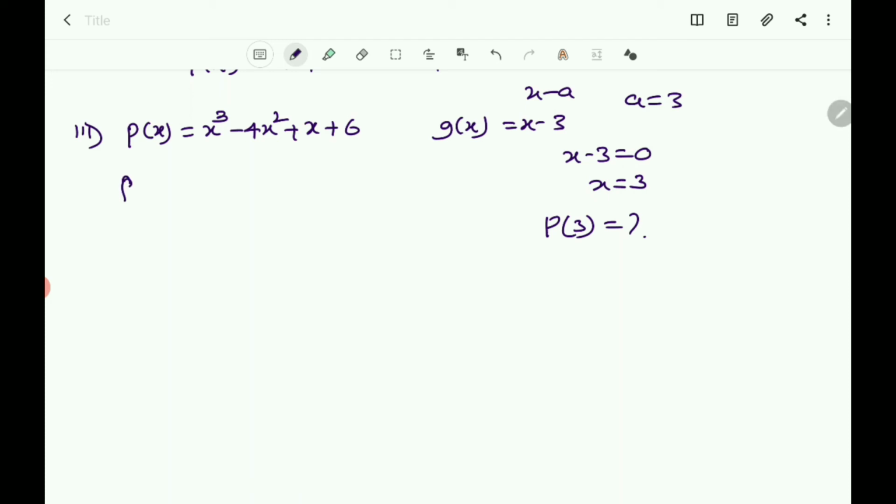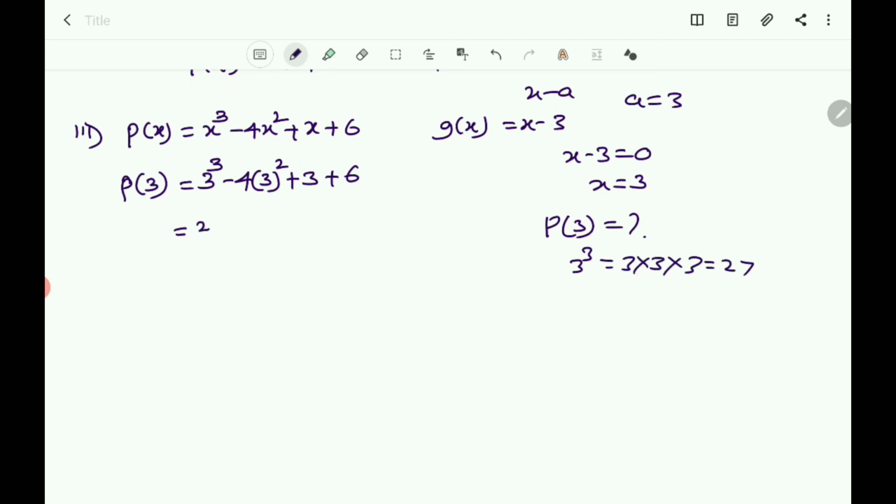Let us check whether p of 3 is 0 or not. So you find p of 3 is equals to 3 cube minus 4 into 3 square plus 3 plus 6. Then 3 cube means 3 into 3 into 3, that is 27.